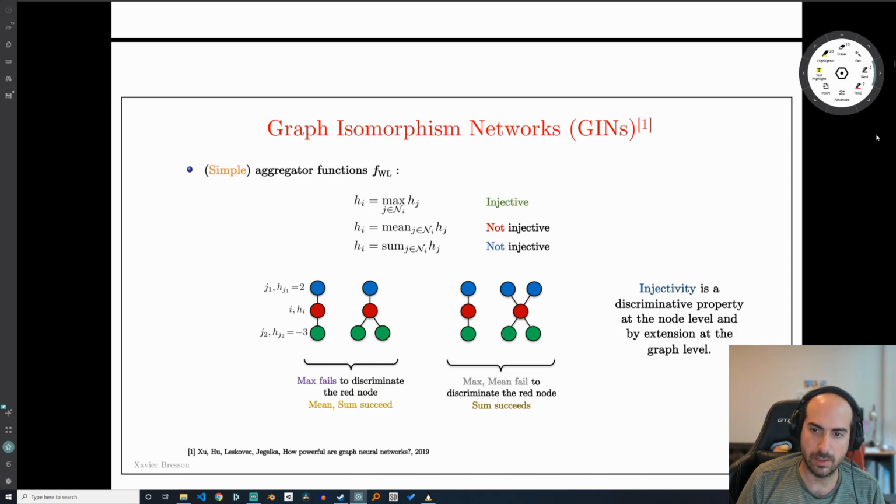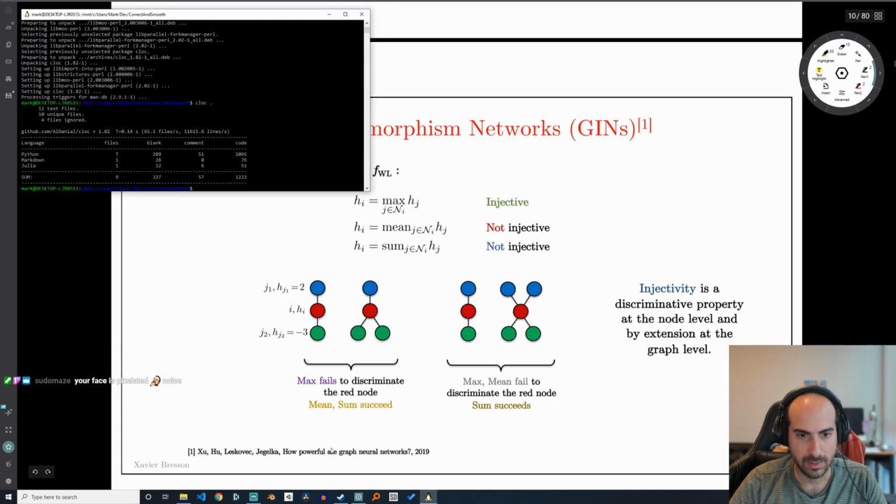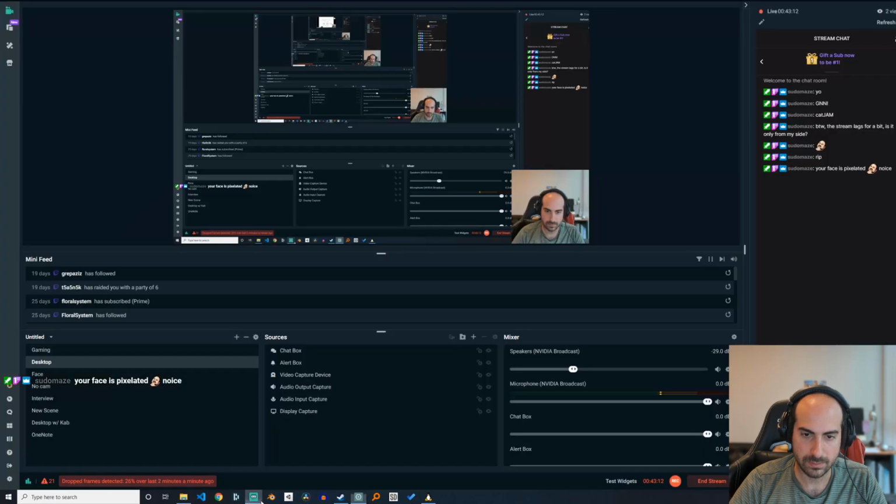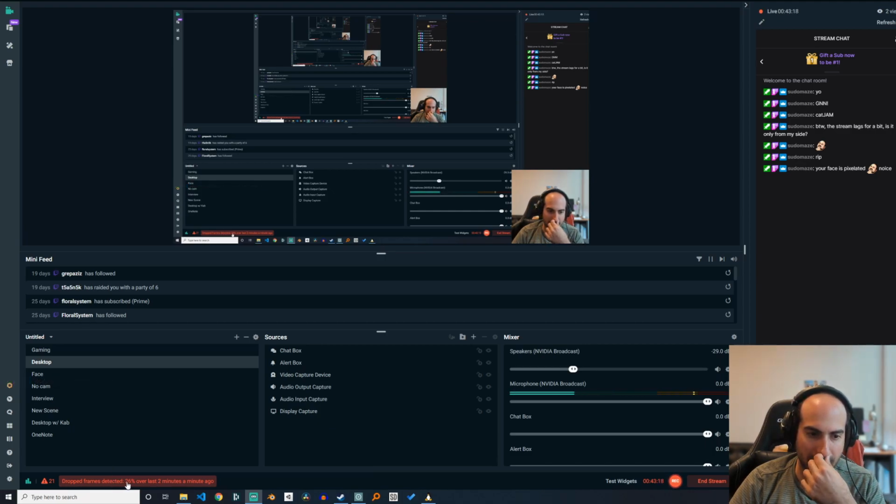I see. So yeah, it basically means you can figure out my fix. Oh wow, okay, that bad. Oh yeah, it's saying dropped frames detected 26%.